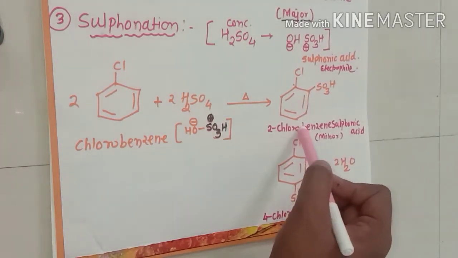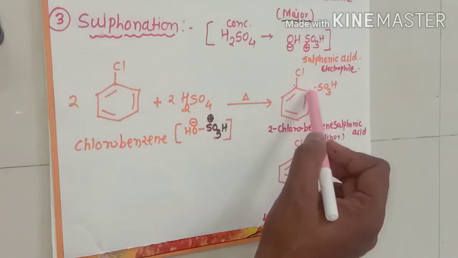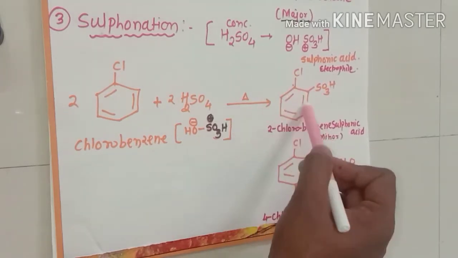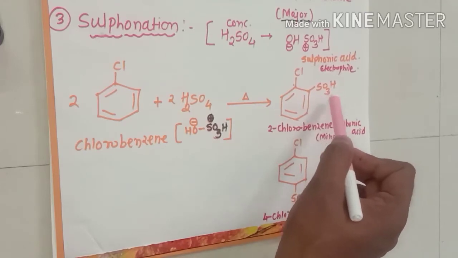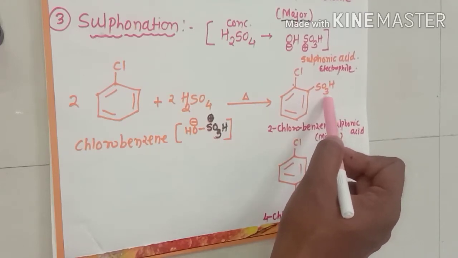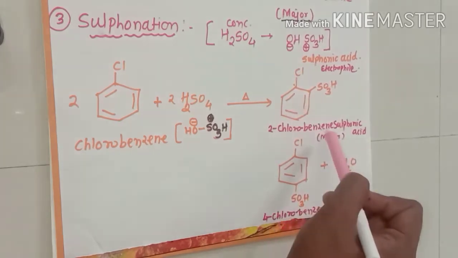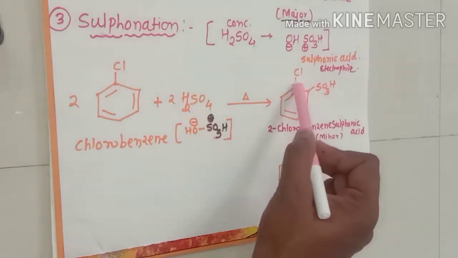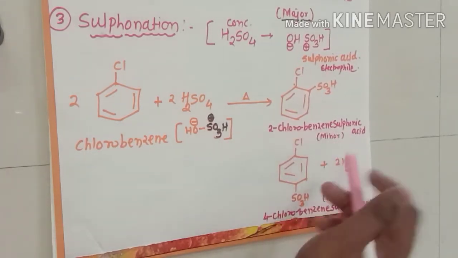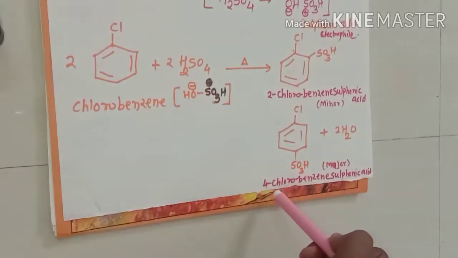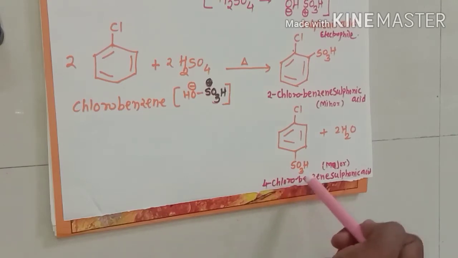Here I write the IUPAC names. The principal functional group in the compound is sulfonic acid, hence we name it on the basis of that group as benzene sulfonic acid, and chlorine is a substituent, so the IUPAC name becomes 2-chlorobenzene sulfonic acid, and for the para product 4-chlorobenzene sulfonic acid.